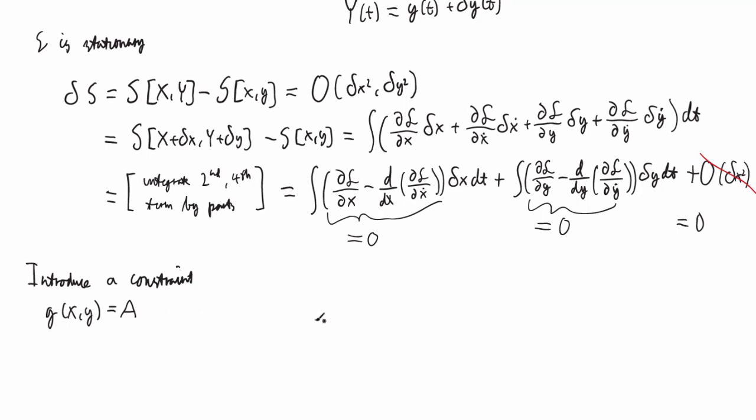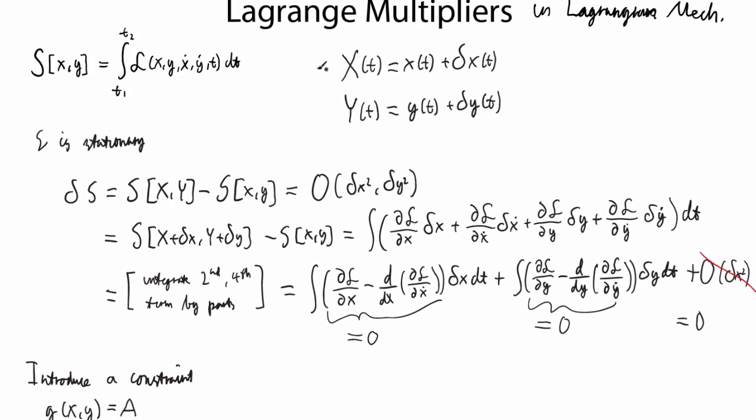G of x and y equals some constant. Now, previously what we've done in this case is we just use this relationship to replace y with x and then get rid of x or y altogether in the definition of the Lagrangian, and then we just get a single Lagrange equation.